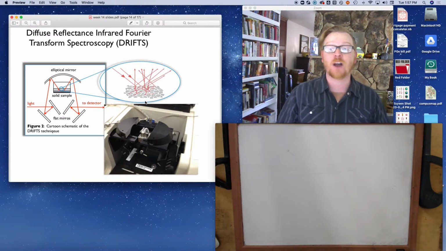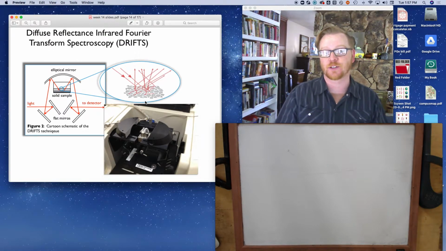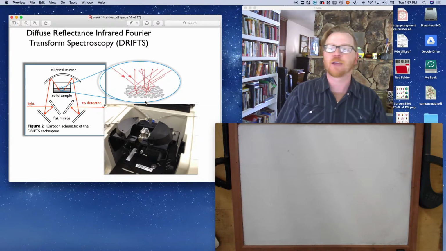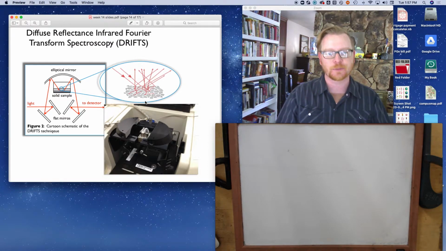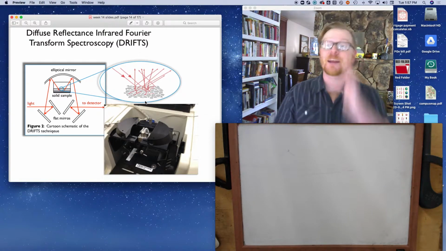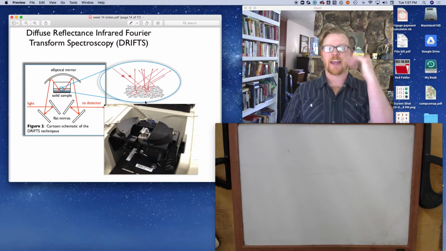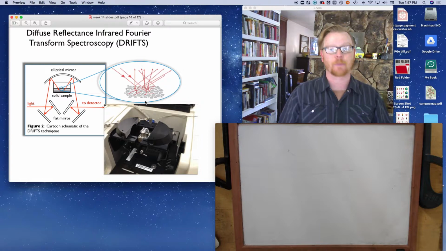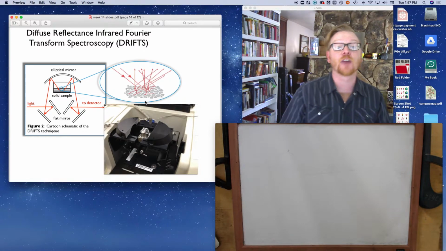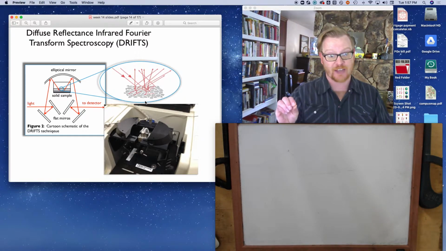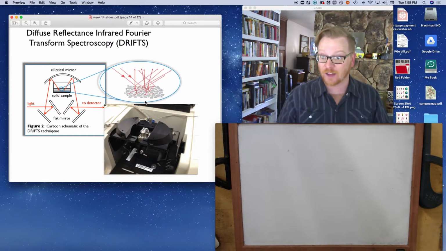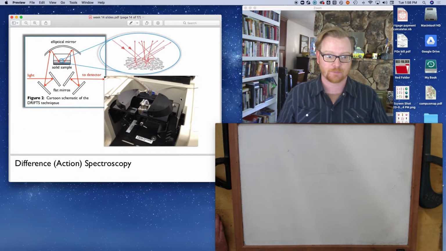In ATR, as you all know from experience, you can still do a powder solid, right? You loaded solids into that little ATR crystal, but you're getting the bottom of the sample, right? In DRIFTS, you're specifically sampling the surface of the sample, which means you can do really cool heterogeneous surface chemistry while taking an IR spectrum at the same time.